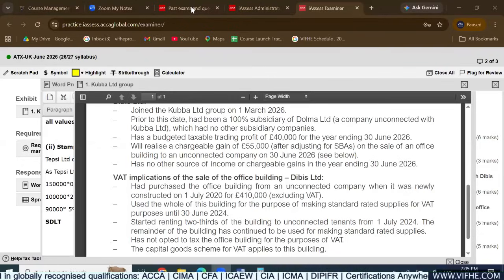And how many years out of the first 10 years of adjustment are left? I mean, 4 years are left. So for 4 years, whatever the VAT we have recovered shall be paid back to HMRC. Are you all getting my point?